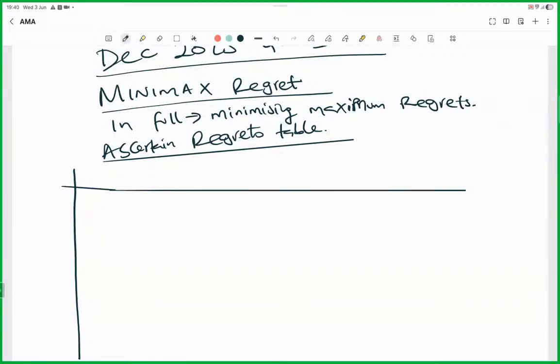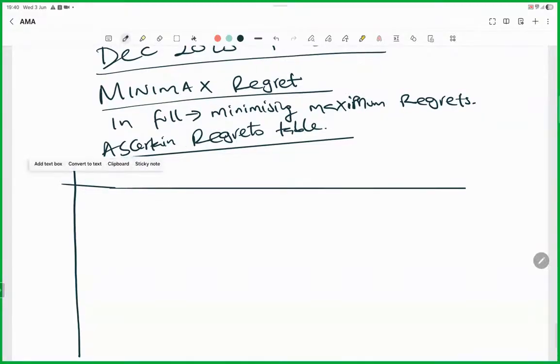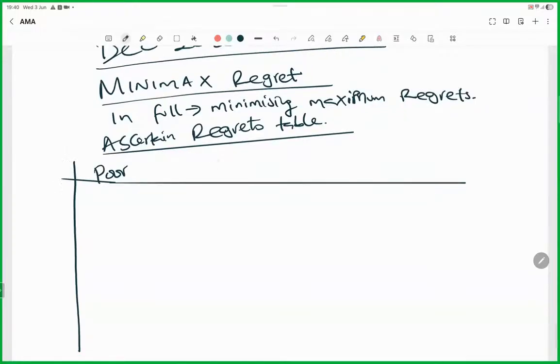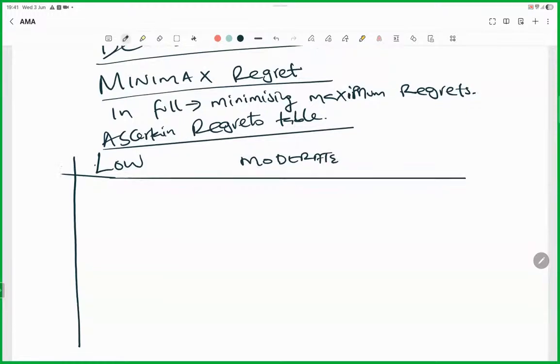Hebu niambie the first one ilikuwa ngapi somebody? Hii ilikuwa which state? Low, moderate, and high, isn't it?